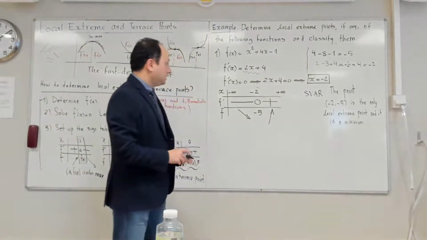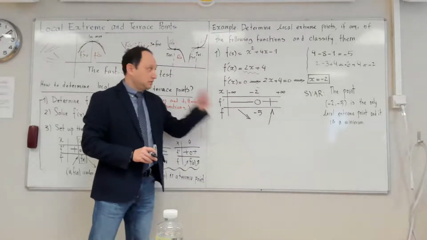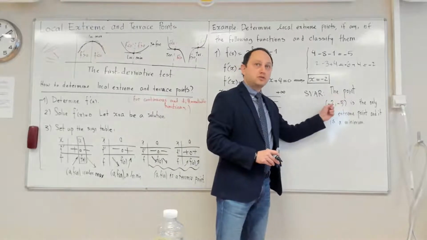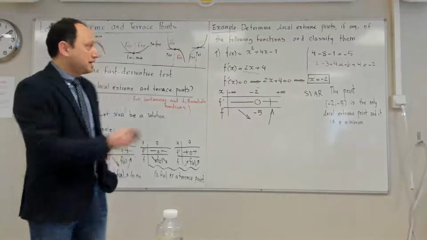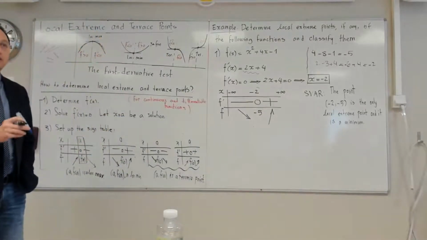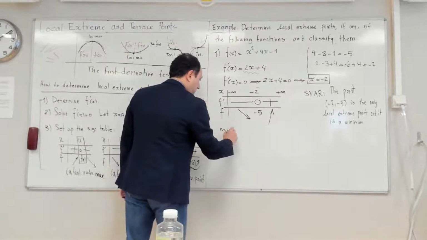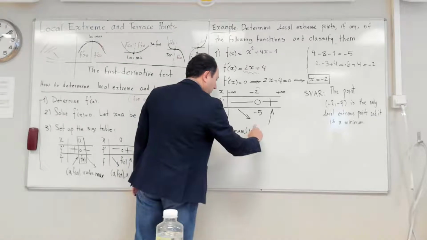Okay, but let me ask you something. If I ask you what is the minimum value, these are the things. If I ask about the point, I need both the x coordinate and the y coordinate. That's the meaning of a point, yes? But if I ask you what is the minimum, or I would say minimum value, what do I mean?